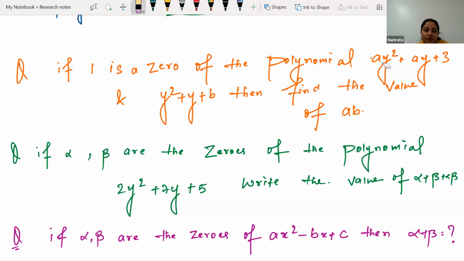Is it -2? -2. Okay, let's check quickly. Alpha beta are the zeros, so the sum of the roots is -7/2 and the product of the roots is 5/2, and you have added all of them, right? Yeah.